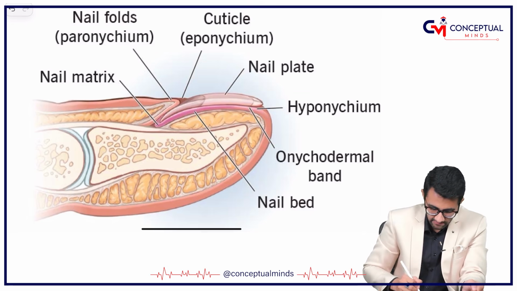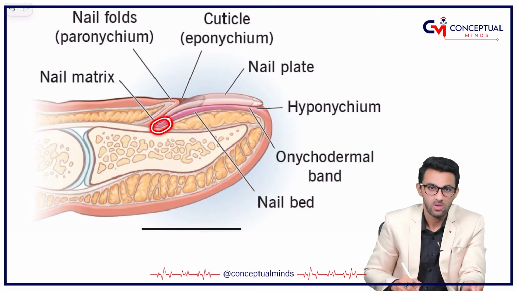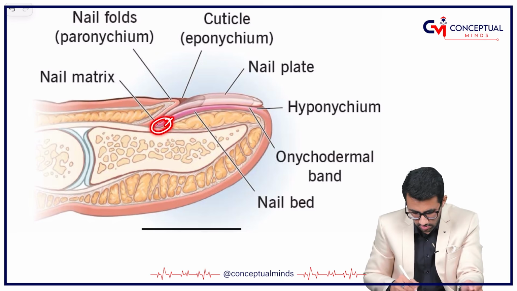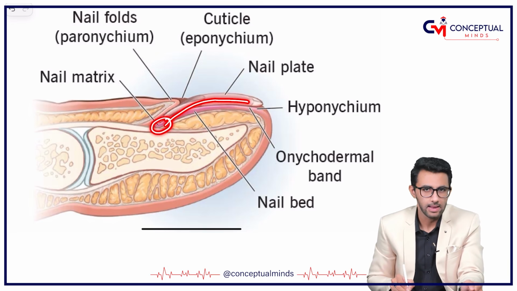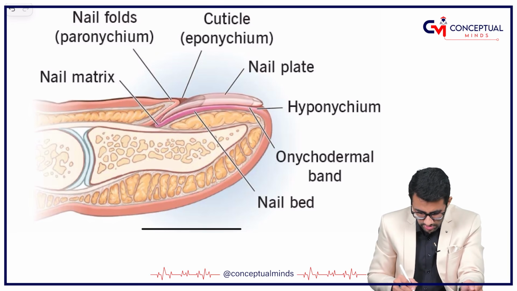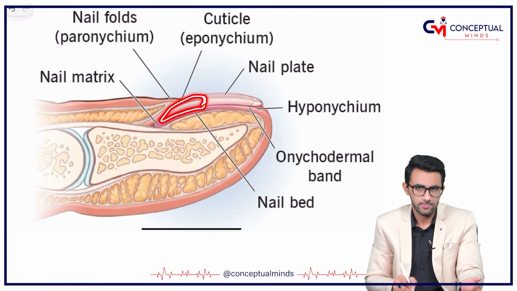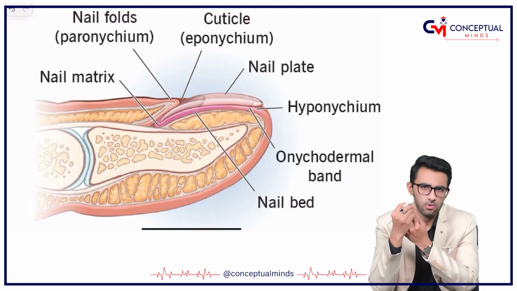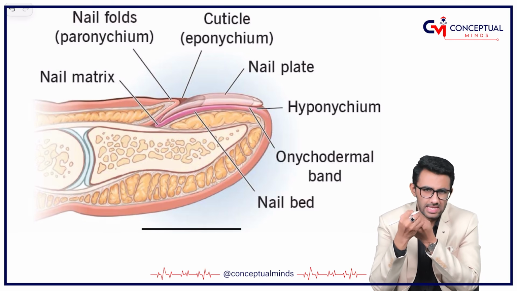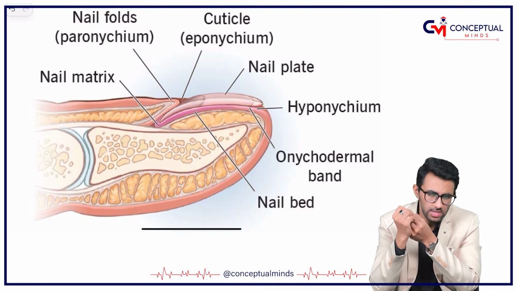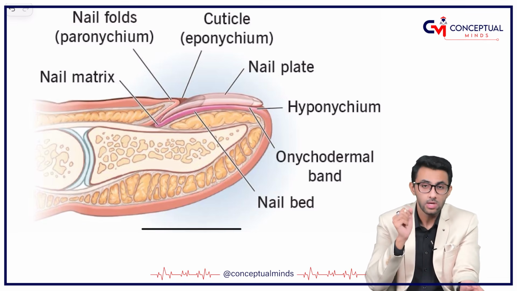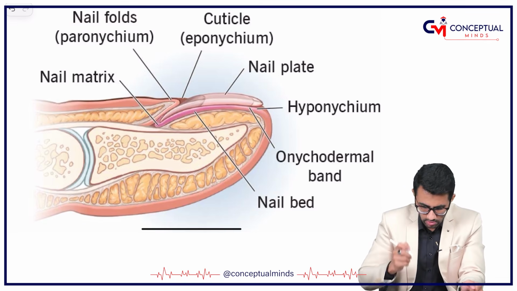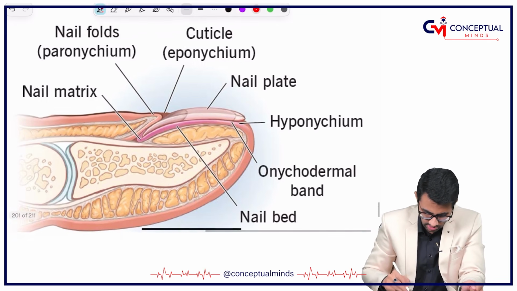Over here we have the nail matrix, and this is the one giving out the nail plate. What do you see over here? If you look at your fingers, there is this crescent-shaped thing. What is that? This is called the lunula.